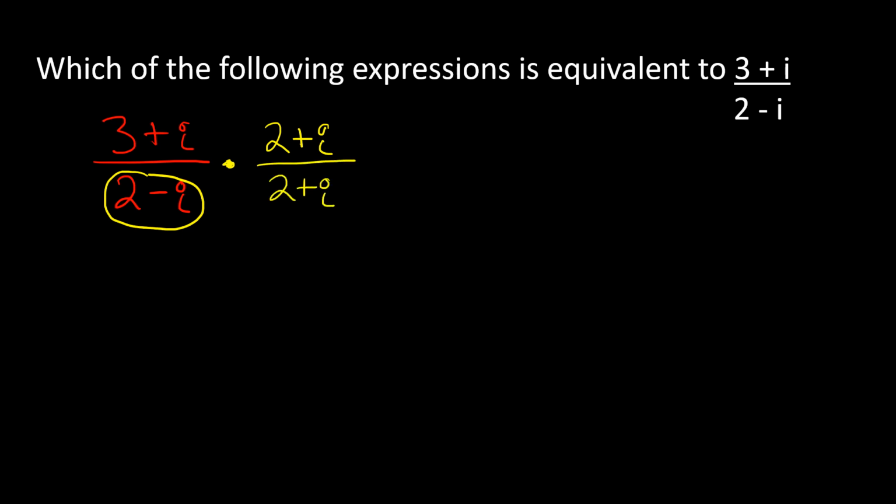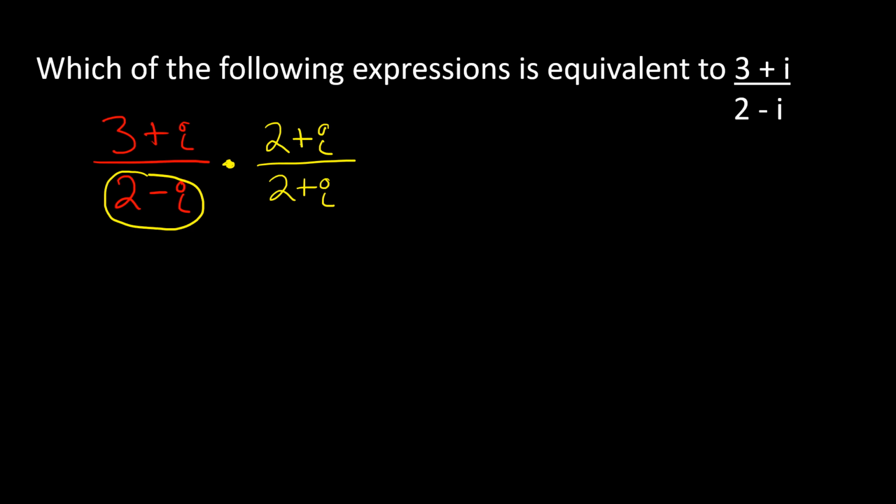And the reason we're allowed to do this is because 2 plus i divided by 2 plus i is essentially 1. So we're multiplying by 1, so we're not doing anything unusual here or changing this.